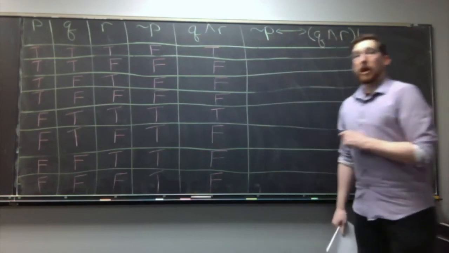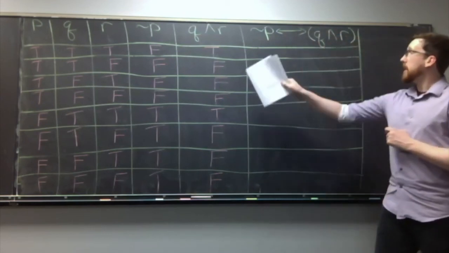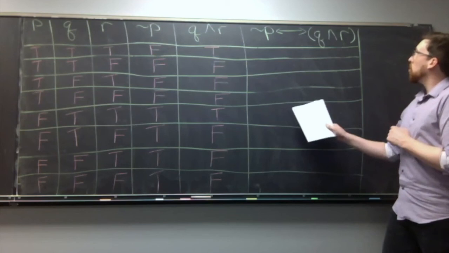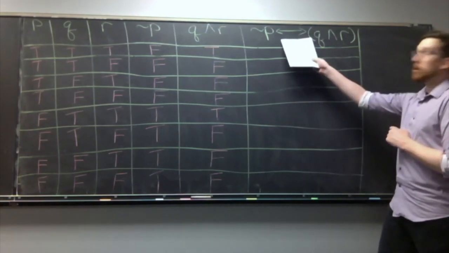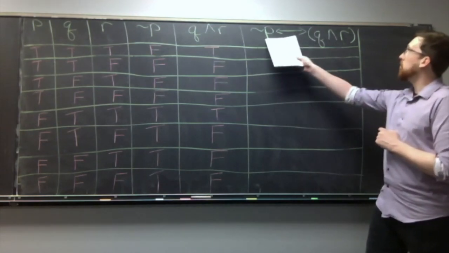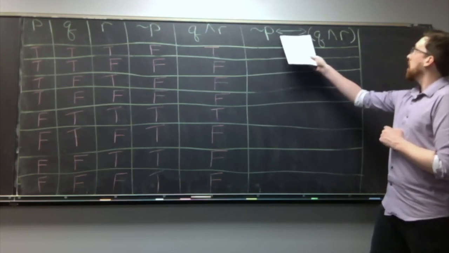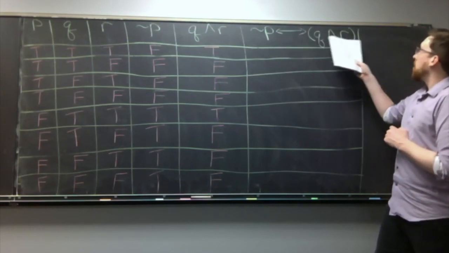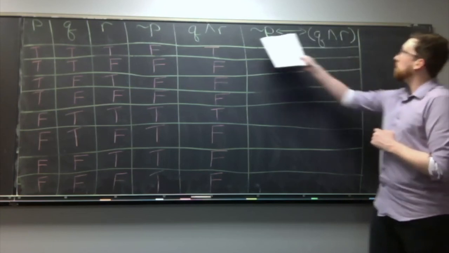And what we're going to be trying to find out is, given each one of these cases, what's the truth value for the statement not P implies Q and R, and Q and R implies not P.